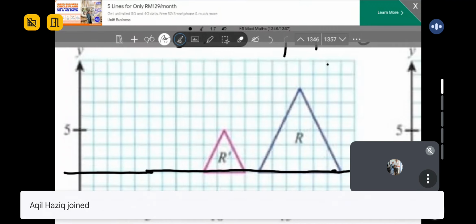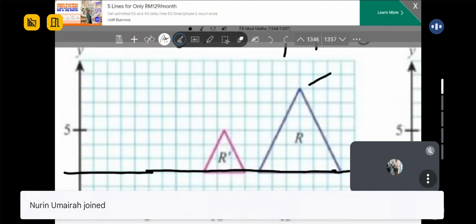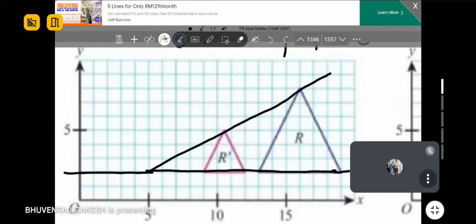Okay? So if you draw the line, this line over here. Okay, wait, I must be accurate. Okay. So guys, can you all see the intersection point? So this is your center of enlargement. Get it? So this is the concept. Okay.